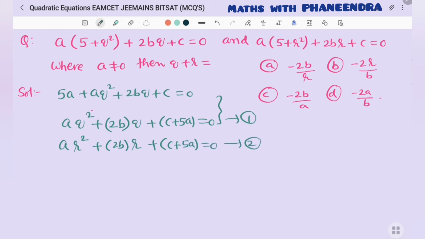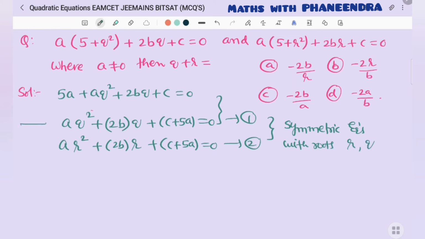Equation number 2. Both the quadratic equations are symmetric. These two equations are symmetric equations with roots r comma q.